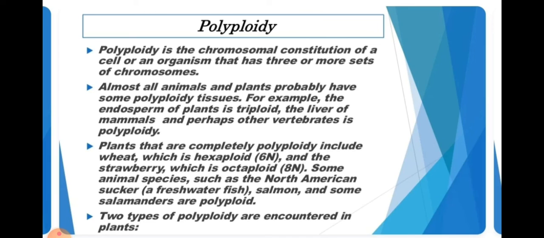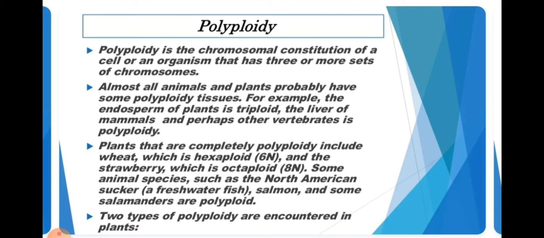Plants that are completely polyploid include wheat, which is hexaploid, that is 6n, and strawberry, which is octaploid, 8n. Some animal species such as the North American suckers of freshwater fish, salmon and some salamanders are polyploids.